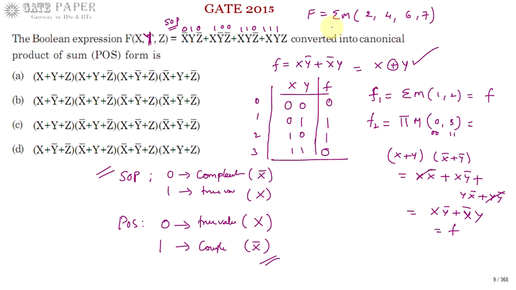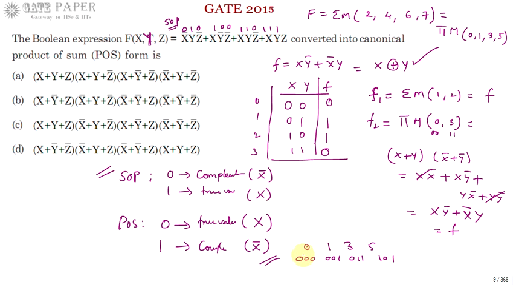You will get the same original expression if you write the product of max terms of whichever are not present here. Not present are 0, 1, 3, 5. 0, 1, 3, 5 means 0 0 0, 0 0 1, 0 1 1 and 1 0 1.